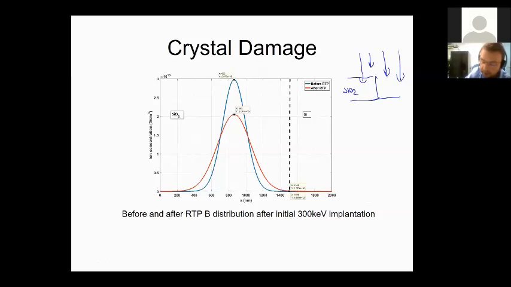We implant both here, Gaussian, but we also implant into our silicon dioxide. So the blue one is showing you right after the implantation, the Gaussian distribution inside the silicon dioxide. So you see, this is the silicon and silicon dioxide interface.